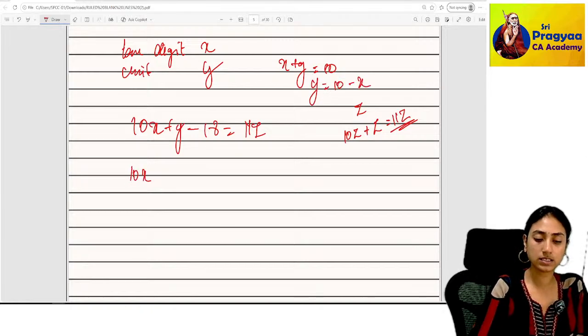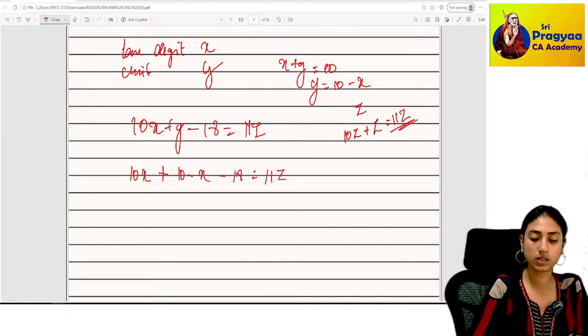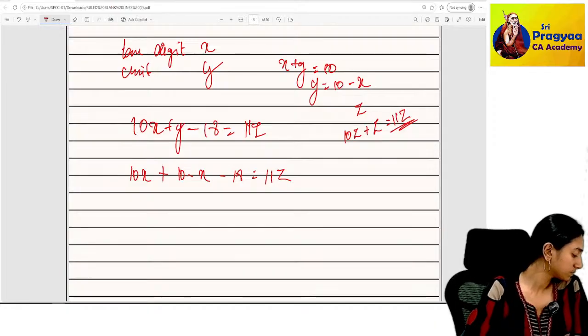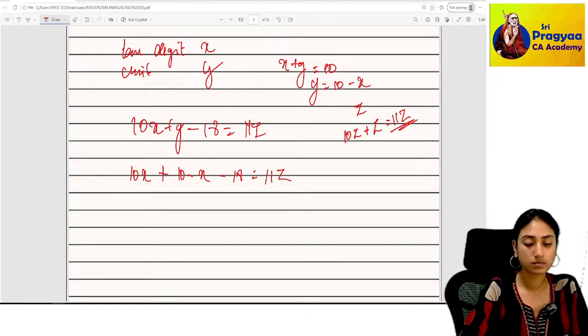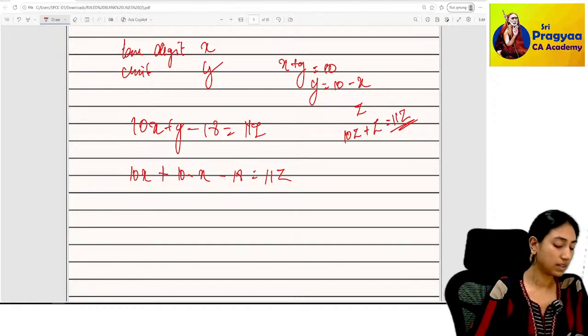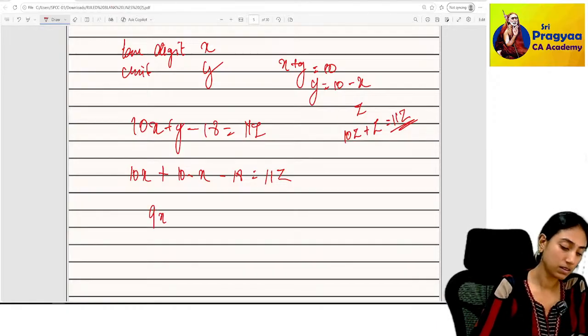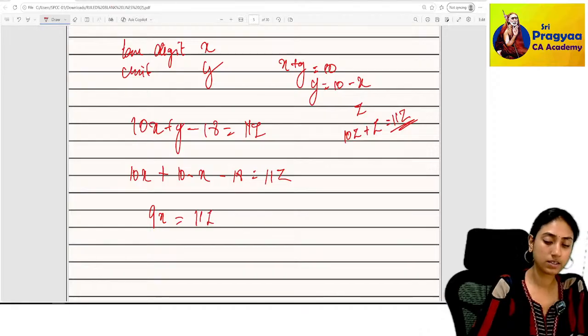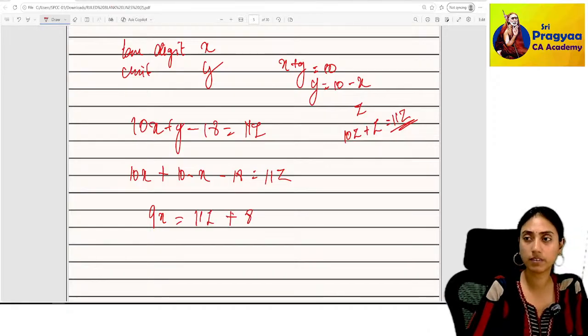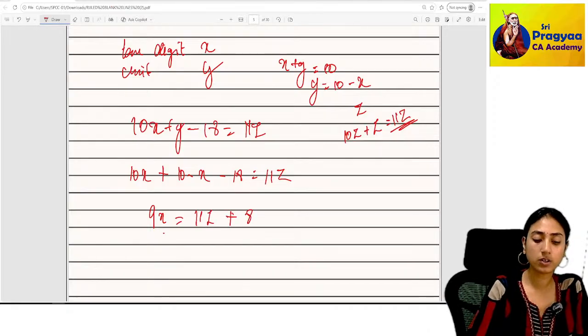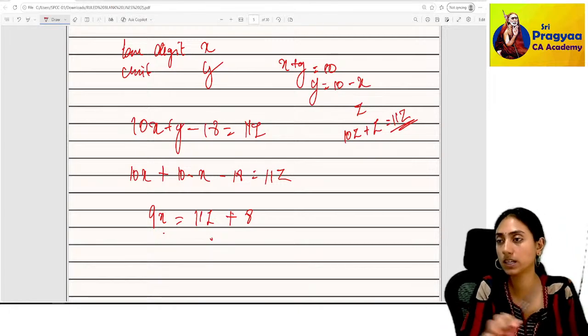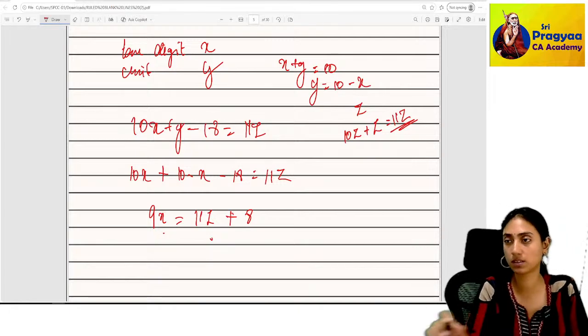So 10x plus 10 minus x minus 18 is equal to 11z. 9x is equal to 11z plus 8. Okay? Since you have two variables and only one equation, go by substitution method.